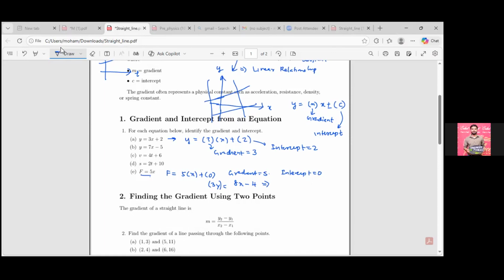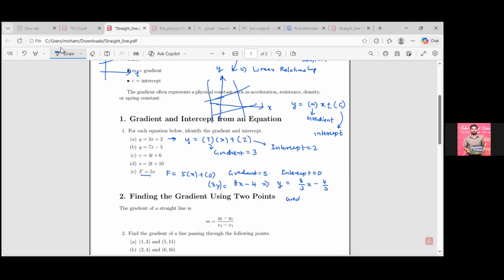You have 3y here, but you have to leave y alone in that section. You can't keep anything else. So you have to rearrange the relationship such that you get y only here. So this 3 has to be taken to the other side. So both these quantities, 8 gets divided by 3, x minus 4 also gets divided by 3.